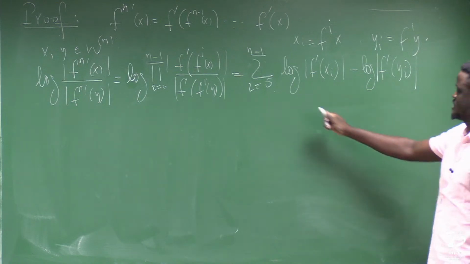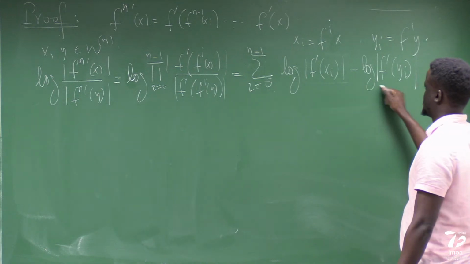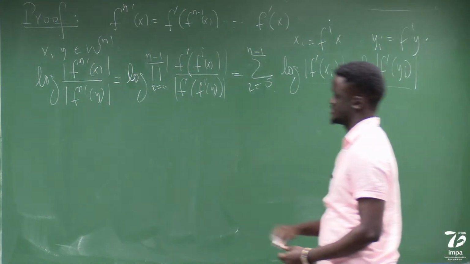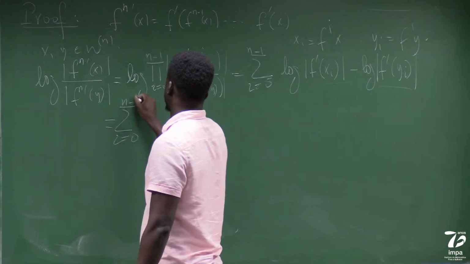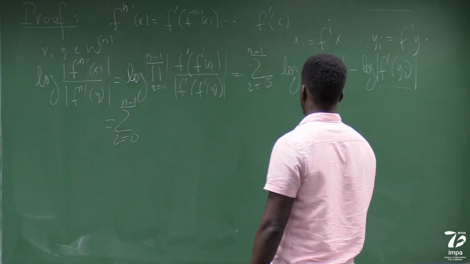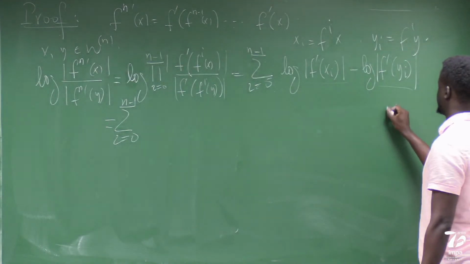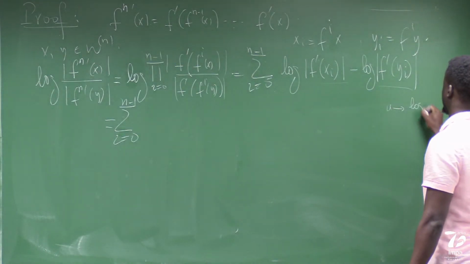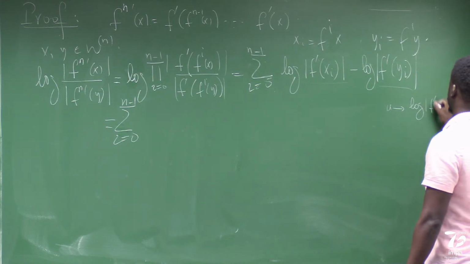Now from here you can use the mean value theorem. So this is the sum i equals 0 to n minus 1. You use the mean value theorem for this function, u goes to log of f prime u.